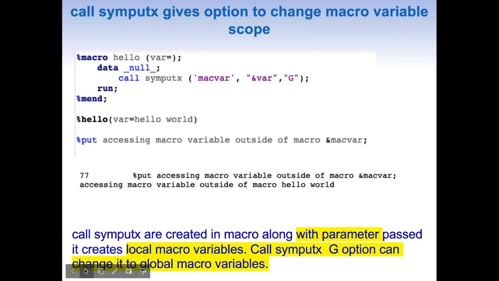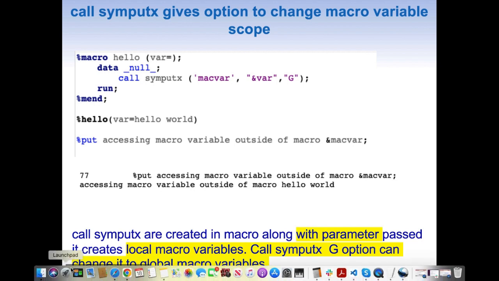To make these macro variables global, it is again simple. In call symputx, we can give an additional parameter and say G. This creates a global macro variable. Another way is simply writing %global and the macro variable name.